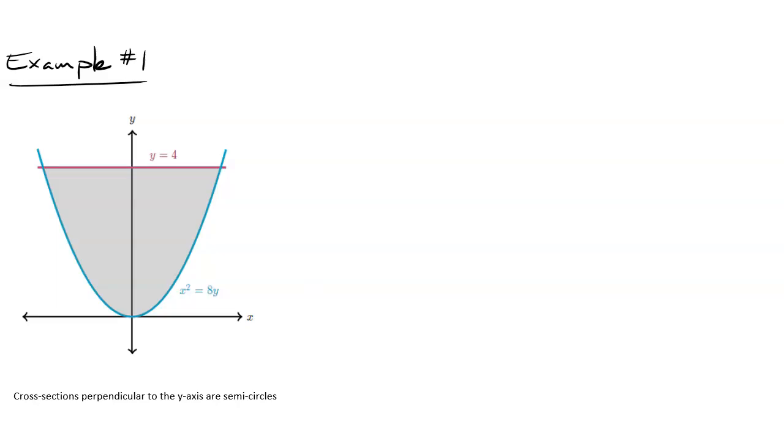So for us to find volume, we are going to integrate the area of the semicircle.